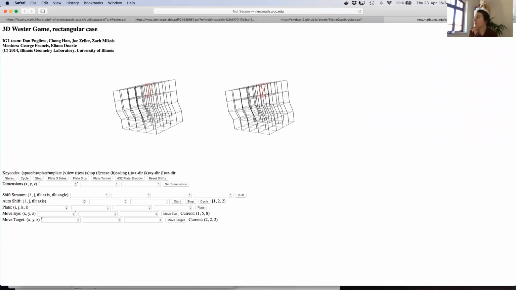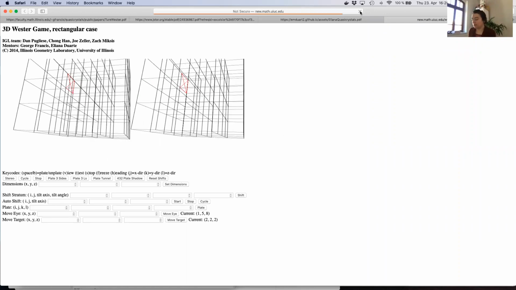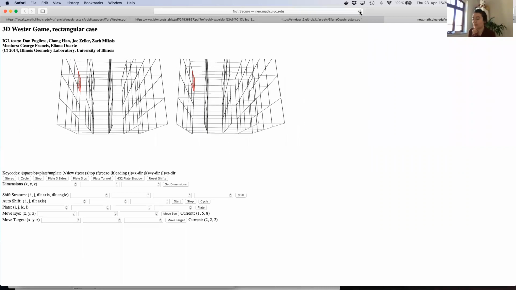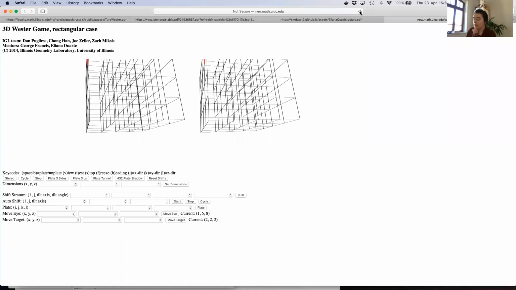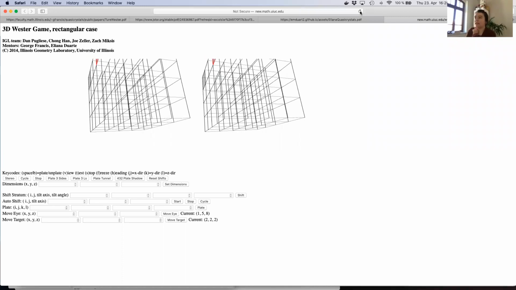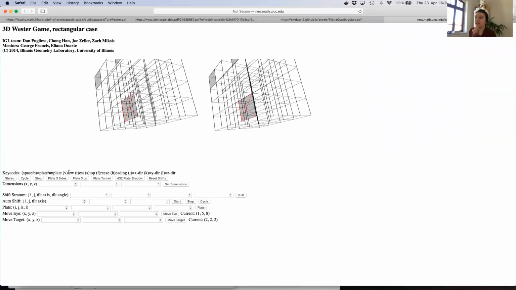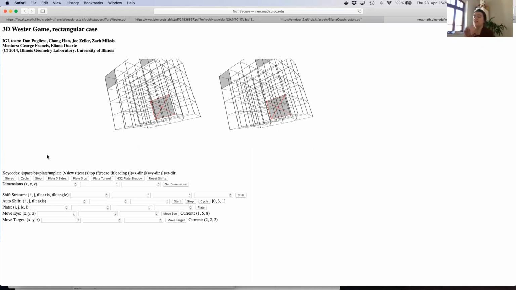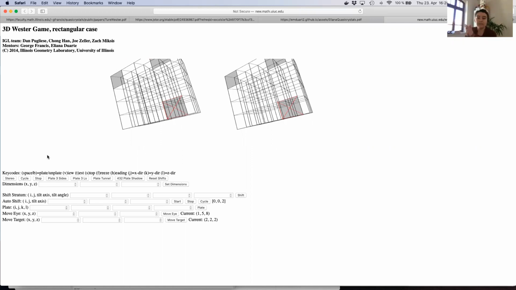And now what we can do is we can plate some faces in this framework, and again cycle through these deformations that are shears along the strata.